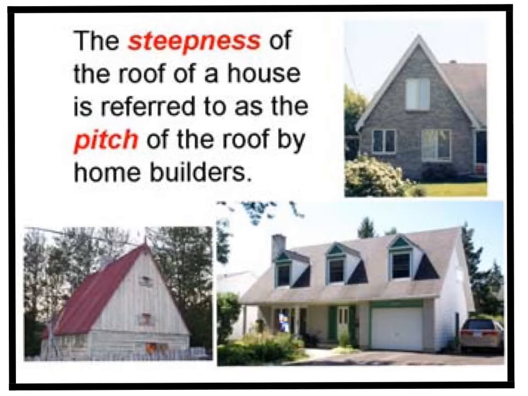So first of all, the steepness of the roof of a house is referred to as the pitch of the roof by home builders. Whenever you see us referring to pitch, we are talking about the rate of change seen from the bottom to the top of the roof.